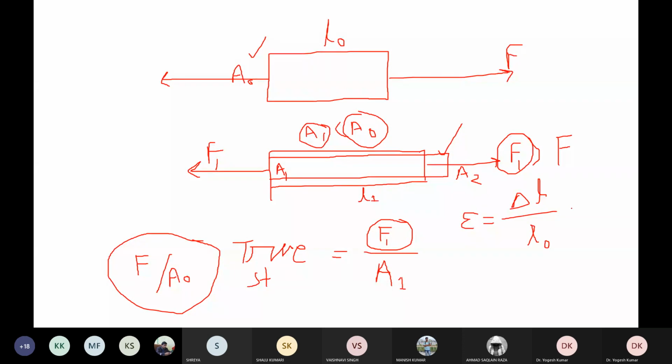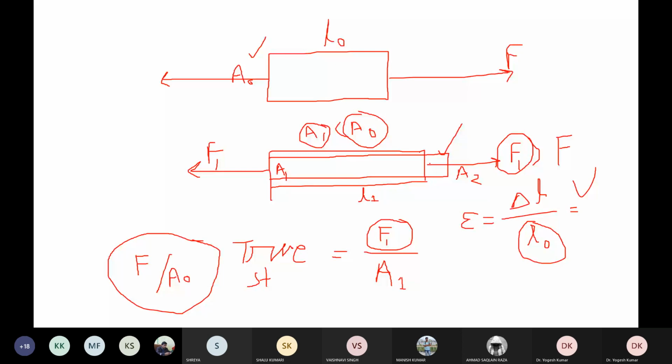So you calculate the strain simply as L1 minus L0 divided by L0, that is, change in length upon original length. How you calculate the strain, you are aware from your previous classes, and we also discussed it in our previous lecture.